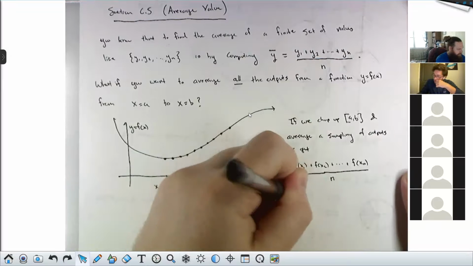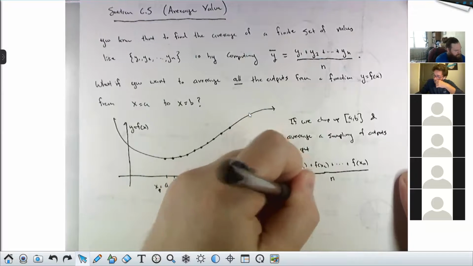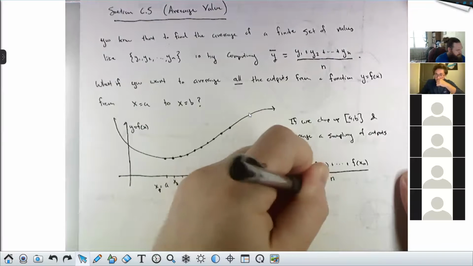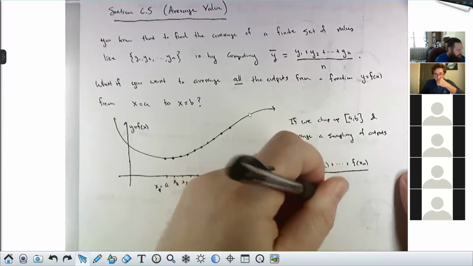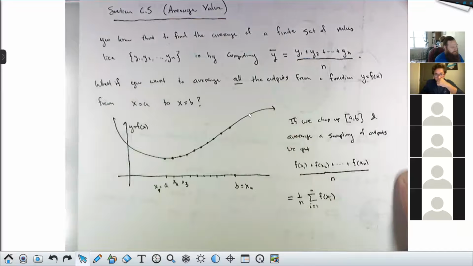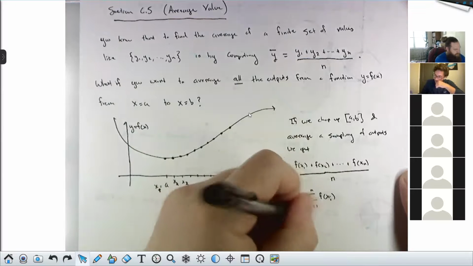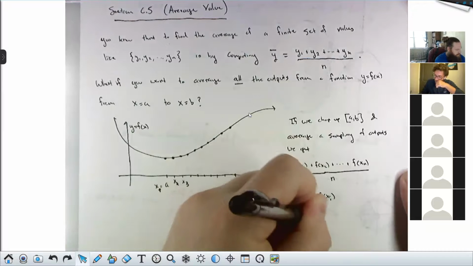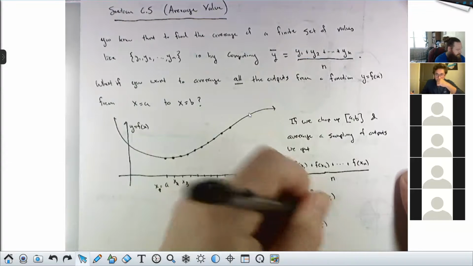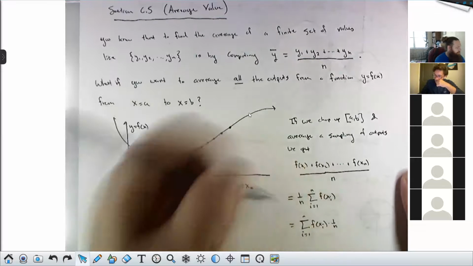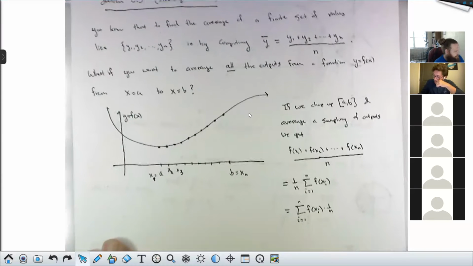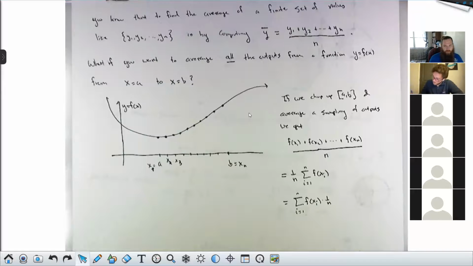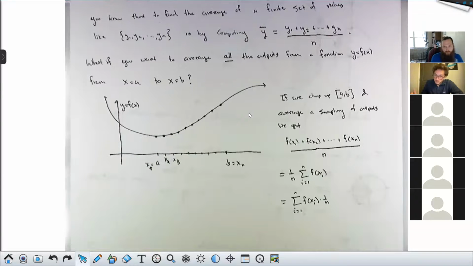Well, this is the same as 1 over n times sigma i from 1 to n f of xi, which is the same as sigma i from 1 to n f of xi times 1 over n. Right, this would be like our average, and this is an integral.